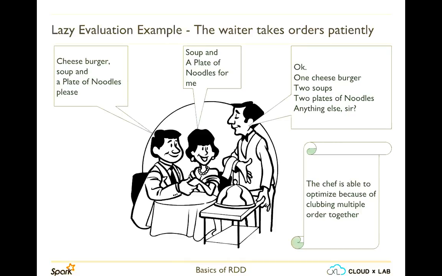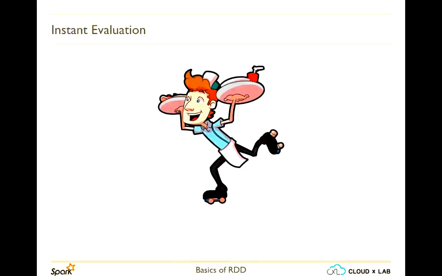So that way the cook will be able to optimize, as well as this waiter has also saved multiple trips to the kitchen.